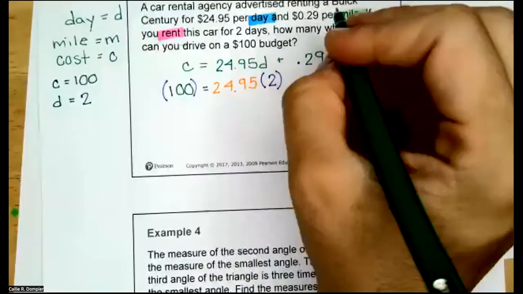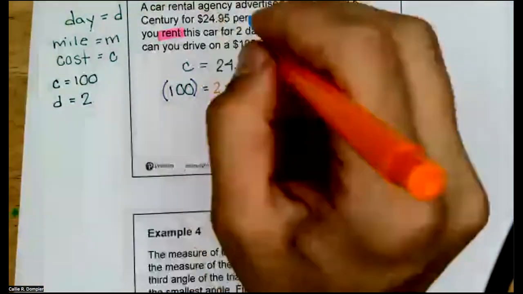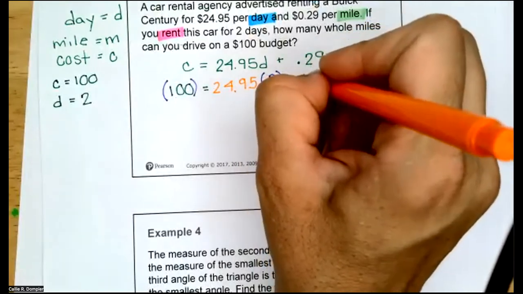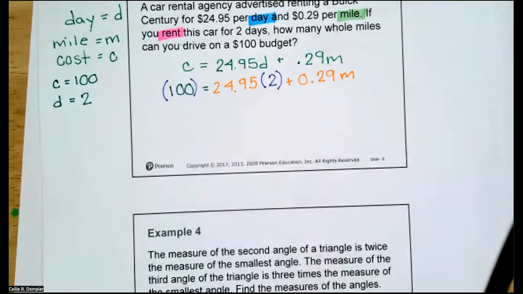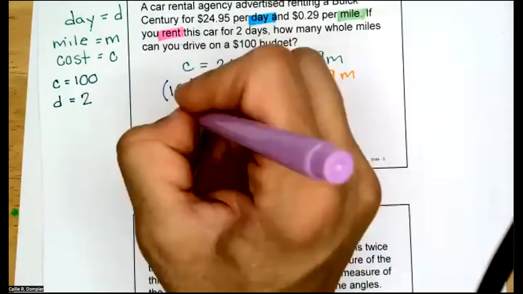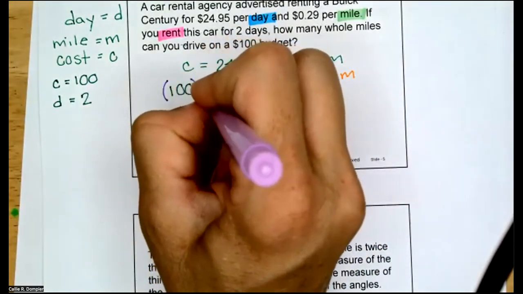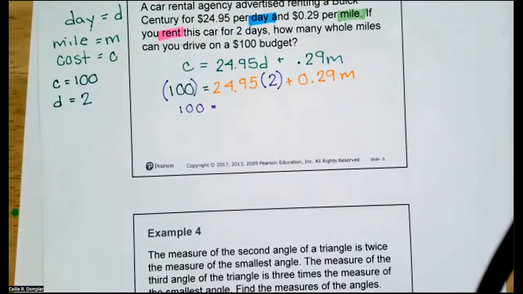Plus 0.29 times M, okay? So now we are going to solve for our one variable, and our one variable is M, or the number of miles I'm traveling. So 100 is 24.95 times 2.